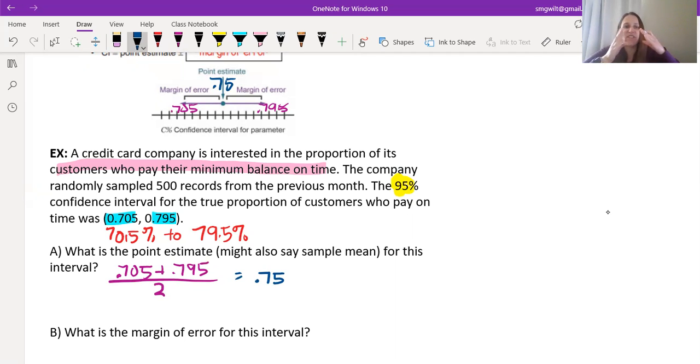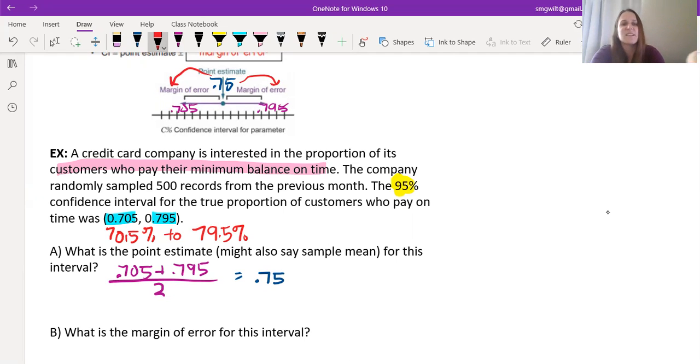To find the margin of error, I have to work backwards. So remember, I'm thinking about margin of error as this number that I'm adding to get that end value, or the number that I'm subtracting to get that end value. So there's really two different formulas that I can use to find that margin of error.